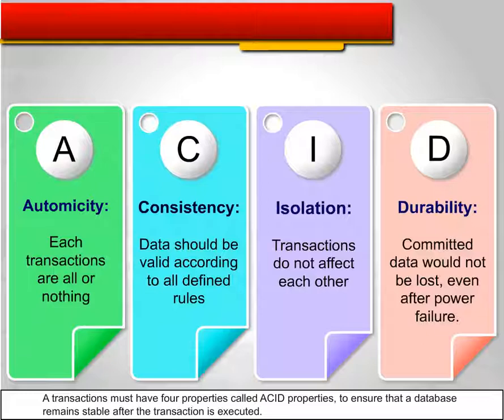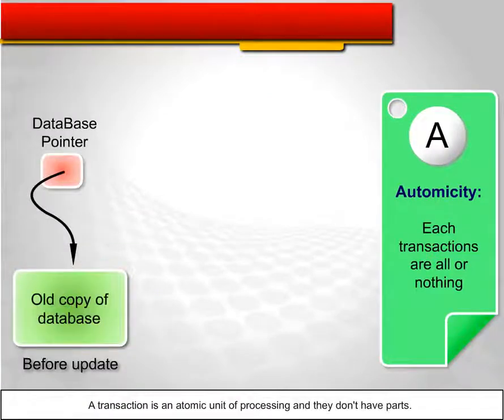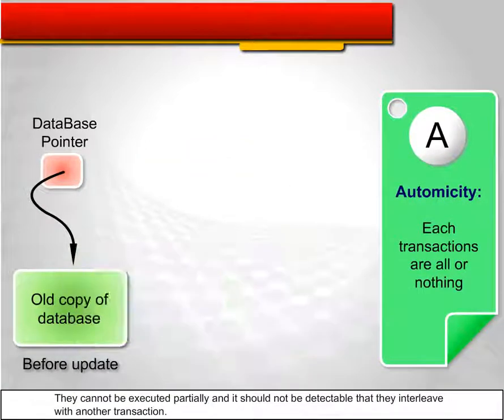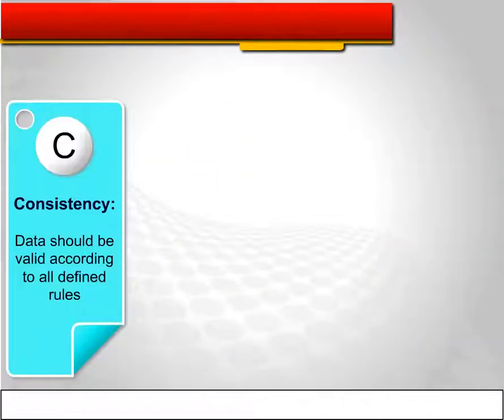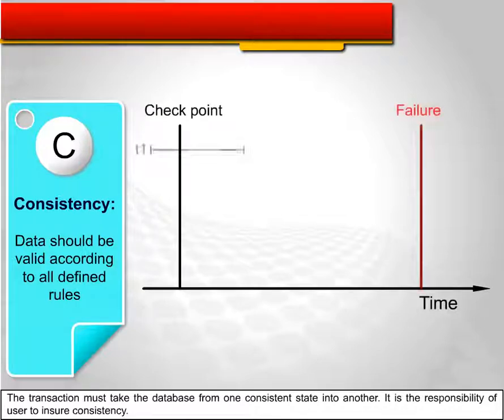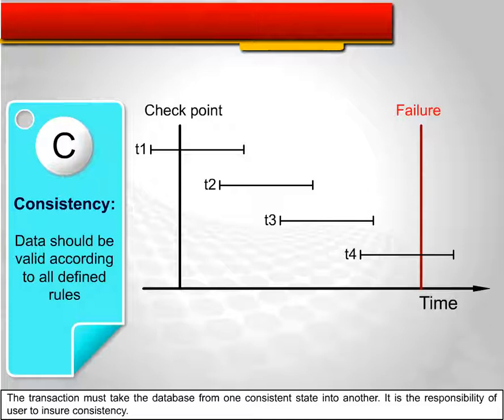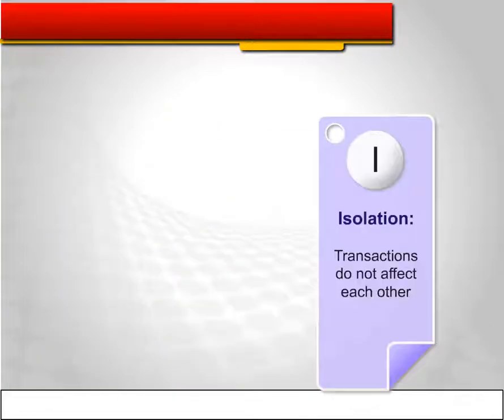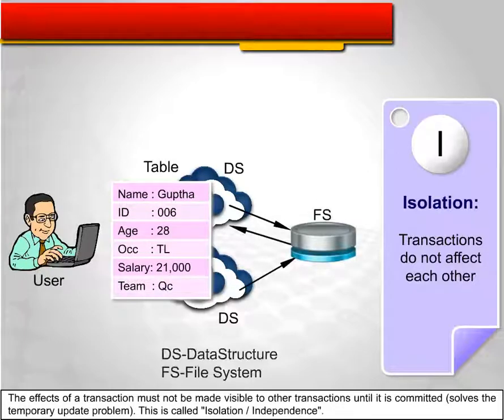A transaction must have 4 properties called ACID properties to ensure that a database remains stable after the transaction is executed. Atomicity. A transaction is an atomic unit of processing and they do not have parts. They cannot be executed partially and it should not be detectable that they interleave with another transaction.